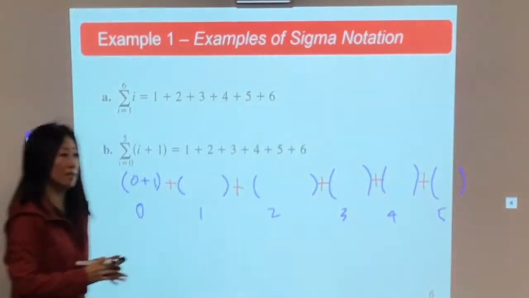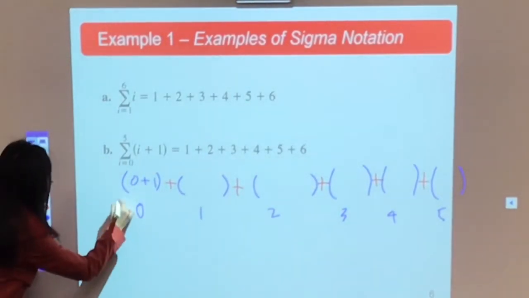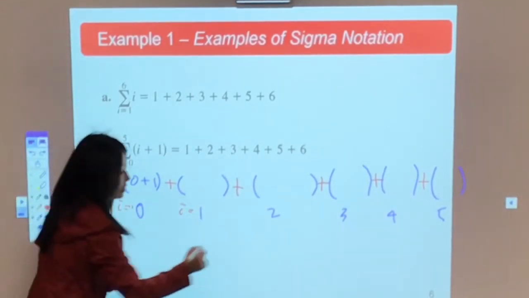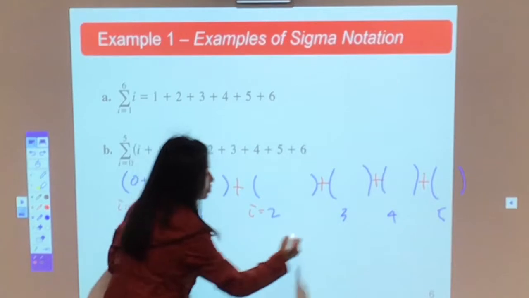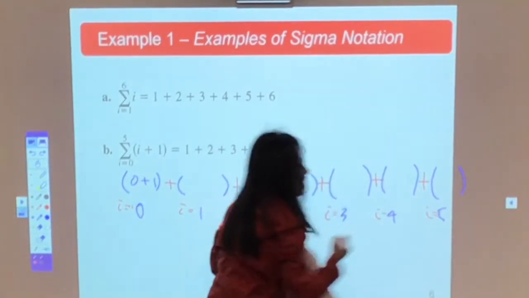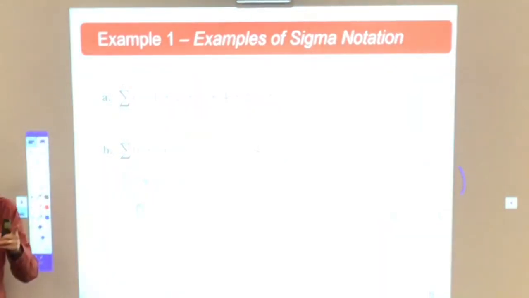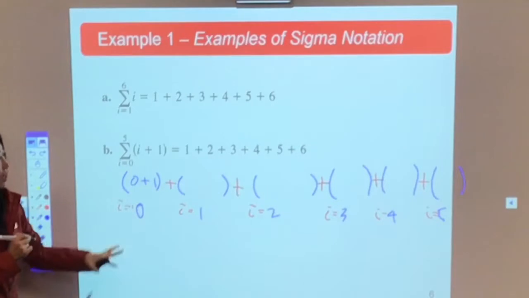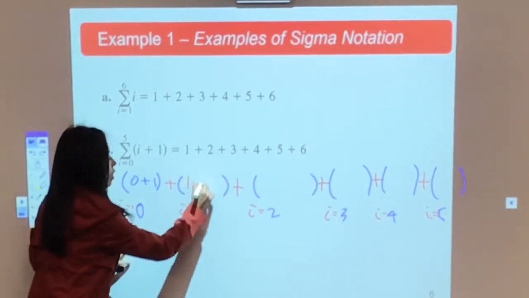Is everybody with me? This is i equal to 0. This is i equal to 1. Watch this one: i equal to 2, i equal to 3, i equal to 4, and then i equal to 5. That's what that means. Are you following me? So the very first one is 0 plus 1. What's the next one? 1 plus 1.